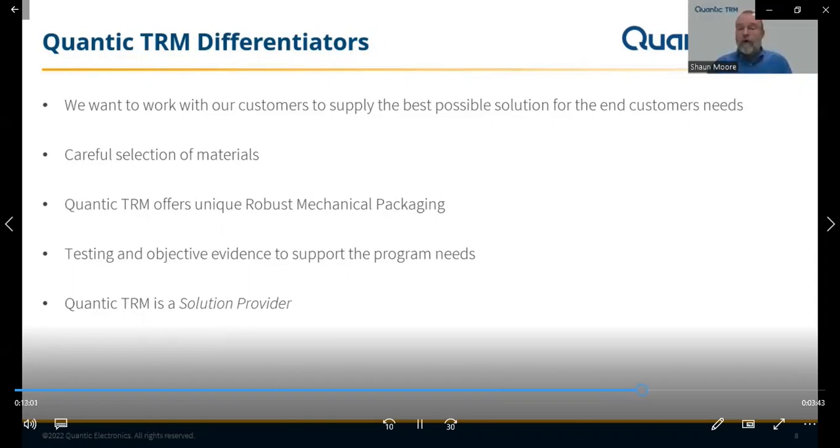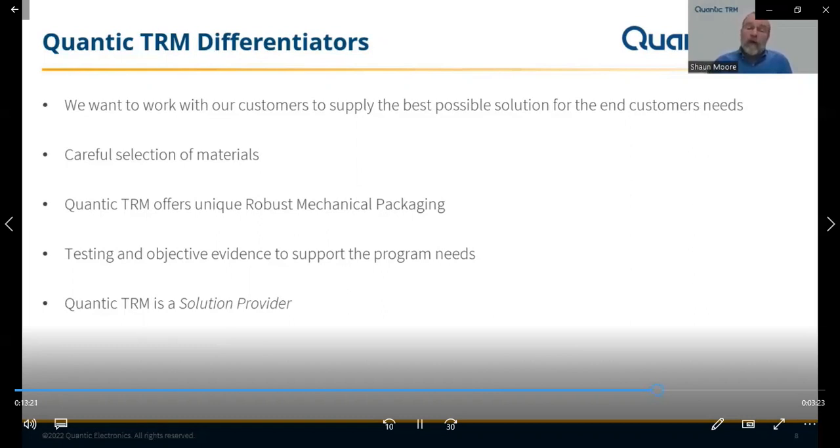There is no one best solution for every sort of opportunity or problem to be solved. Quantic TRM recognizes that, and we want to work with our customers to make sure that they get the absolute best technical solution to meet those needs.